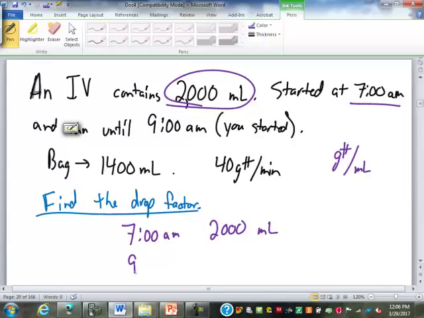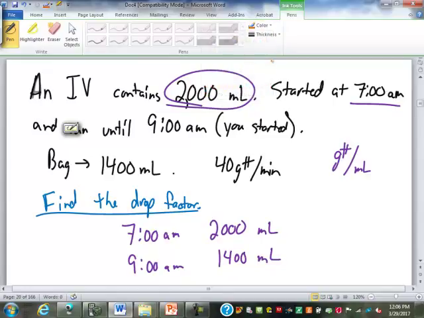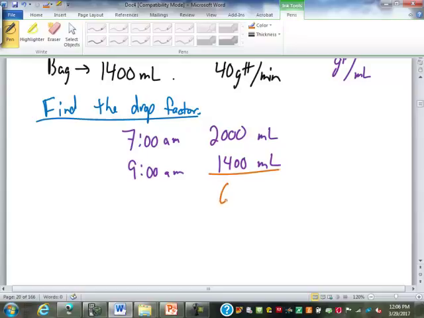At 9 a.m., it was at 1,400 milliliters. By subtracting there, we infused 600 milliliters over 2 hours, from 7 to 9. 600 milliliters over 2 hours.